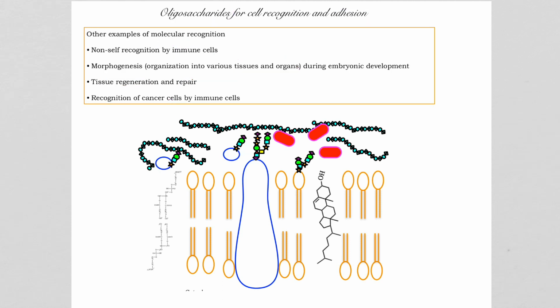So keep these two important functions of carbohydrates. One is fuel, and of course fuel means energy, and the other is molecular recognition. Basically, carbohydrates are very important identification molecules, and these two, of course, are very critical for our survival.